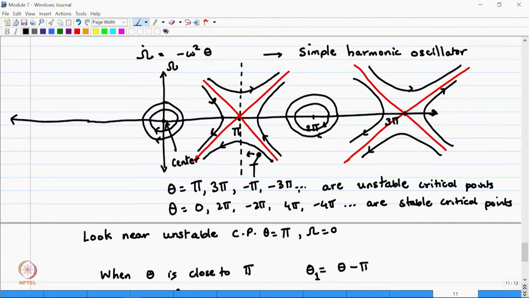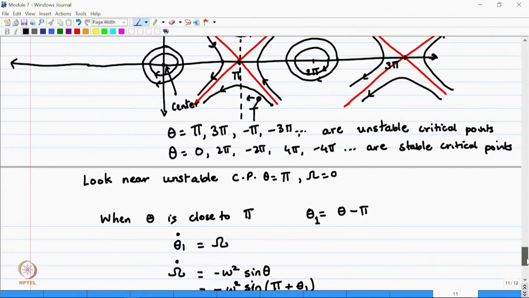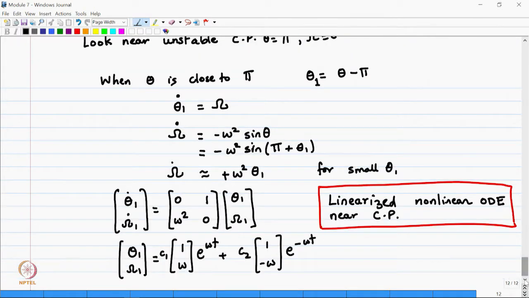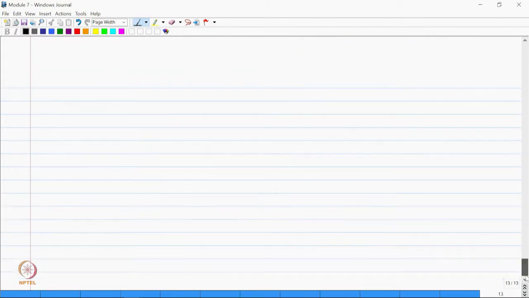And now there is a very special curve. We saw that here you have the simple harmonic oscillator solutions. Now, what is the simple harmonic oscillator solution?